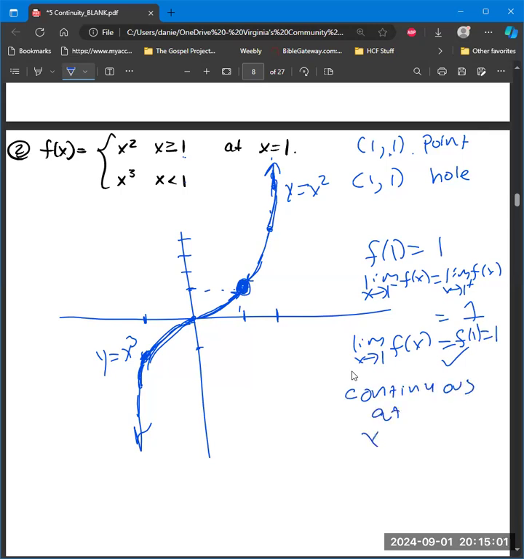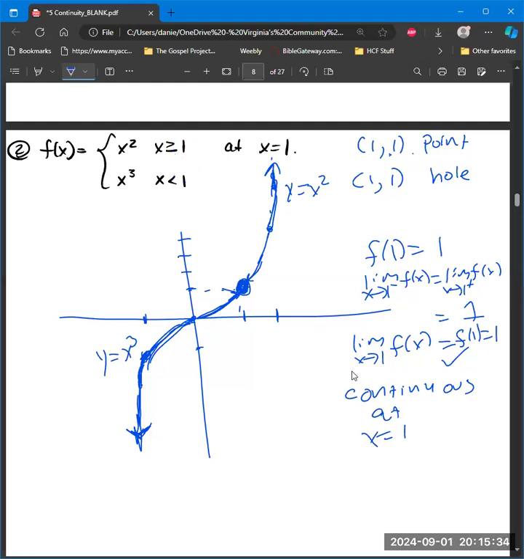at x equals 1. The reason I only tested this boundary value is I knew that x squared is a continuous function, and x cubed is a continuous function. So I'm not worried about all the other interior points here. I know that these are continuous polynomial functions. I'm only interested in this boundary point of, do they line up with one another, and did the hole get plugged up by the point?